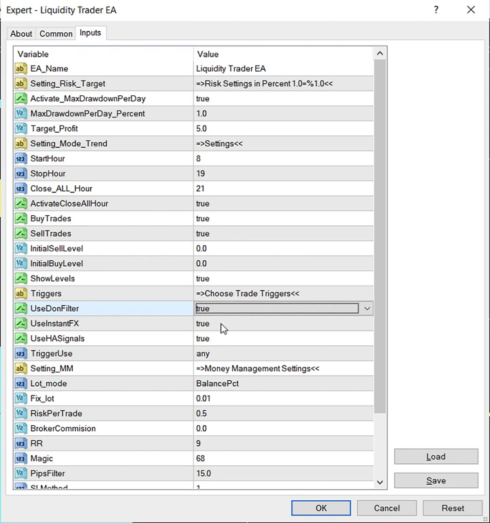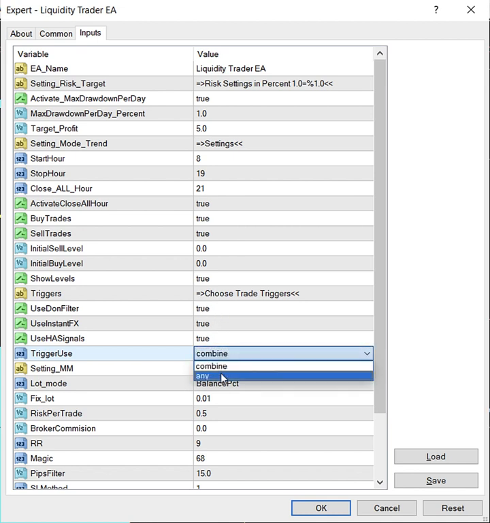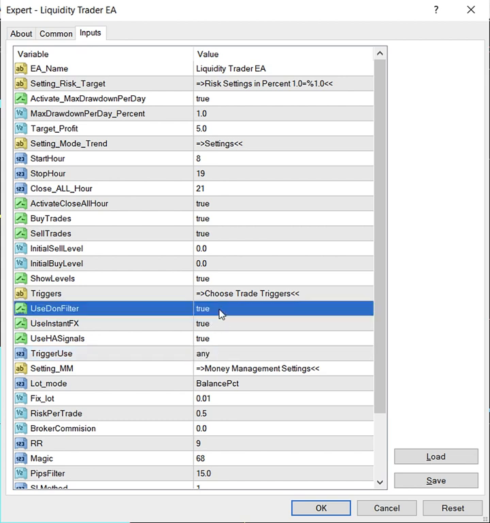Now you can choose if you want to have them all combined signal to have a valid signal for entry, or if any one of the ones that you have selected as true will trigger, then it will take an entry. So let's say you have this as false, then it will only look if there's a valid signal between these true ones.